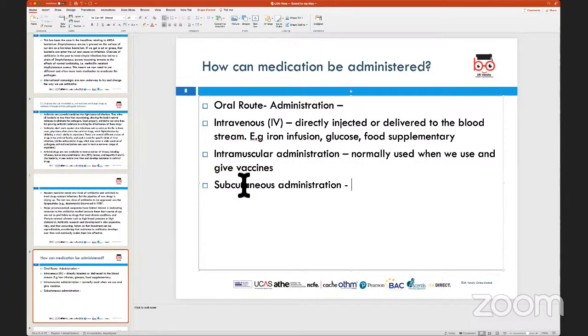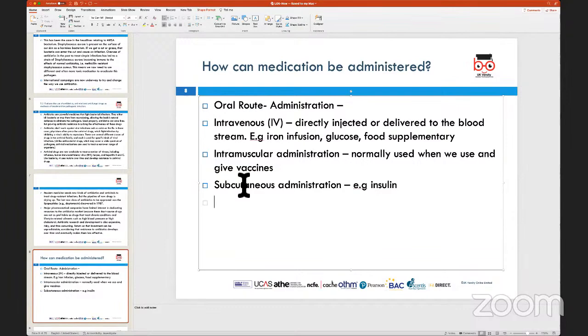This method allows for a gradual release of the dose, like insulin and some other medication, so the medication goes into the body at a gradual rate, not immediately.